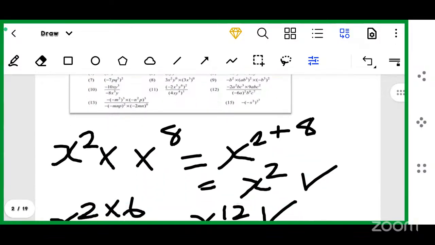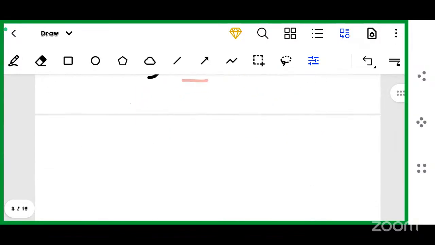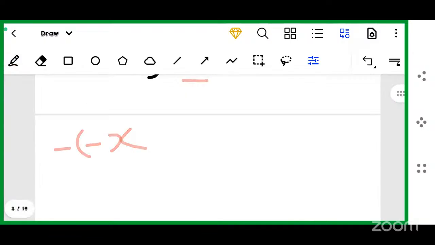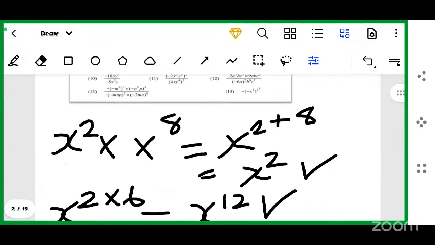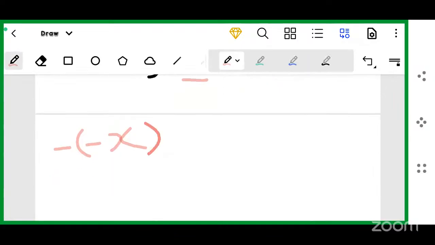Okay, let me just give you the last one. Let's say we have negative x in brackets to the power of 2. What are you going to have?